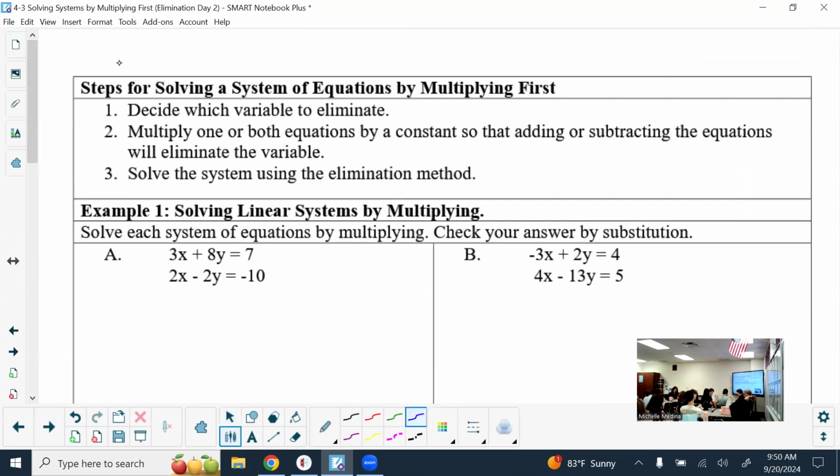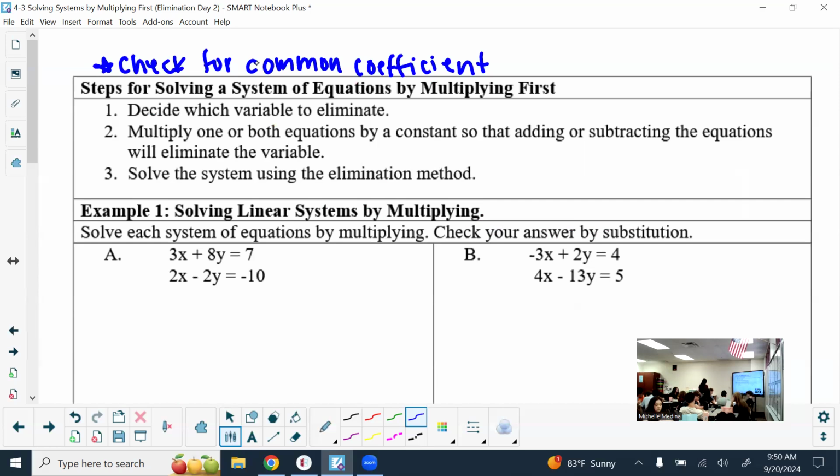The only thing I would add is that you need to check for common coefficients. If there's not one, then that's where the multiplying comes in. If there is one, then you can already move on to what we learned yesterday.